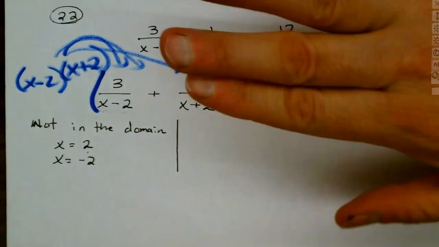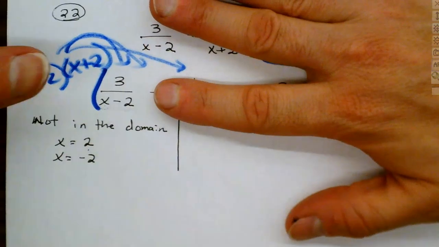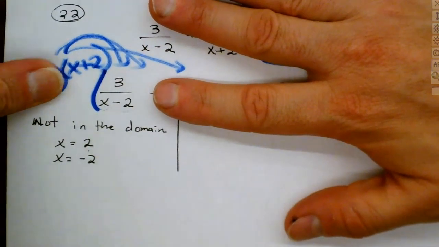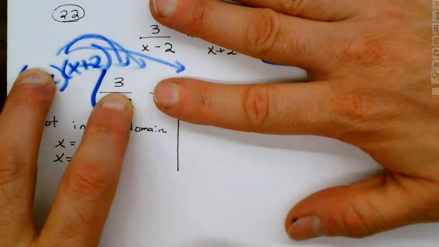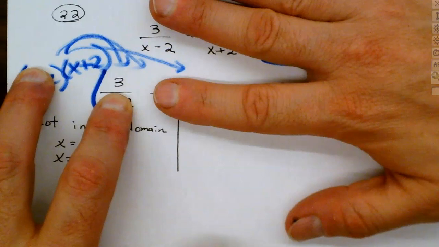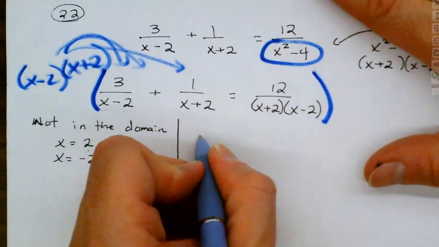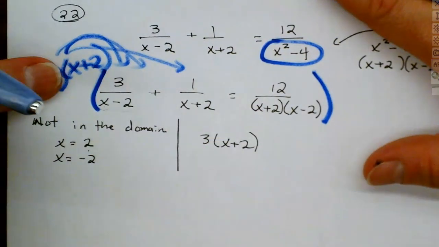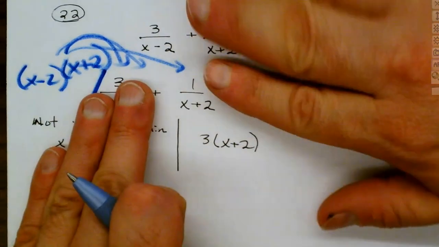Okay, I'm going to cover up pieces so we can see what happens. So we're going to look at the first piece here. The x minus 2 and the x minus 2 down below, those cancel. Okay, so they're gone. So what's left over? We got a 3, right? And an x plus 2. So that's going to be that piece. Now we go to the next one. Okay, what happens here?